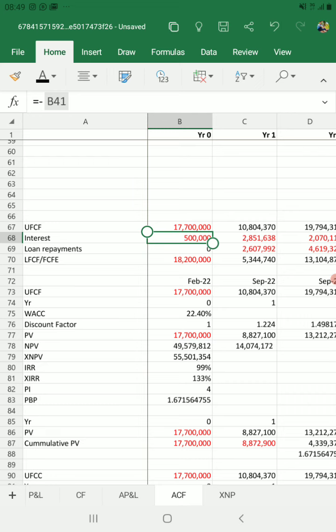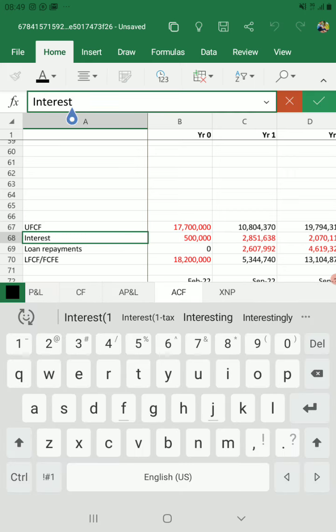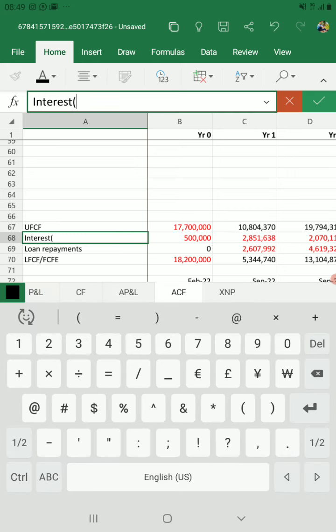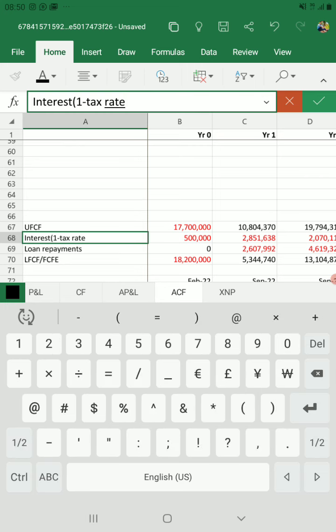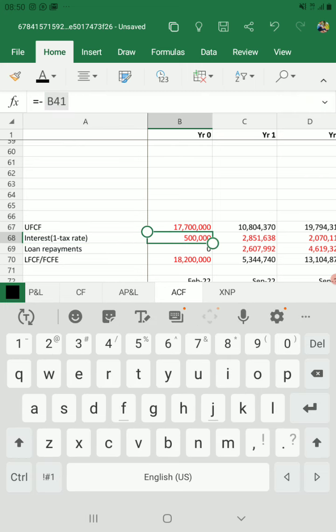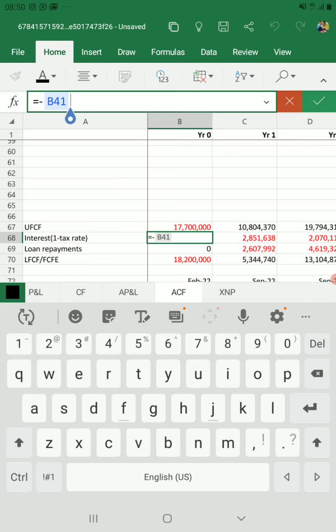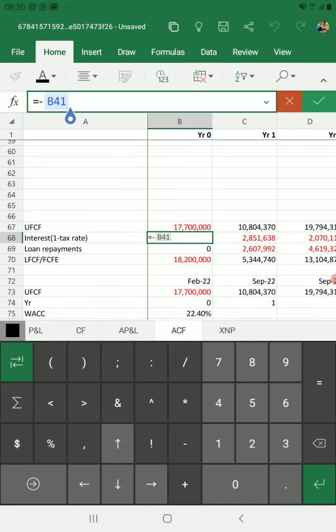So the interest here, maybe I should put a bracket, interest, and then multiply by, open the bracket, 1 minus tax rate, and our tax rate is 30%.